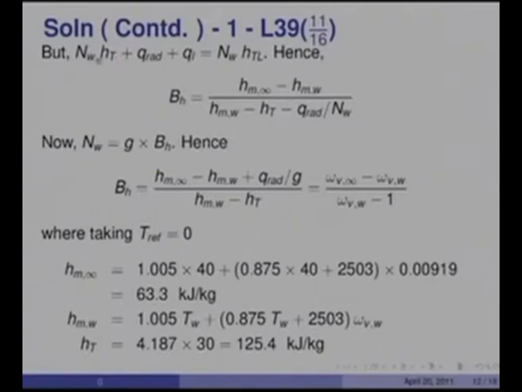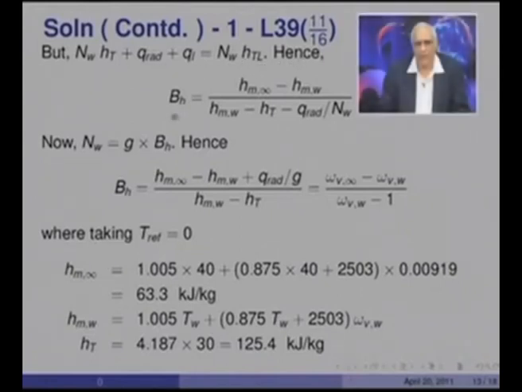So, NW HT plus QRAD plus QL is equal to NW HTL. This would be the balance in the neighboring phase as usual, and therefore, BH would be (Hm infinity minus HMW) over (HMW minus HT) divided by QRAD by NW, and NW will be simply G into BH, and therefore, BH would be (Hm infinity minus HMW) over (QRAD by G divided by Hm infinity minus HT), equal to this value.